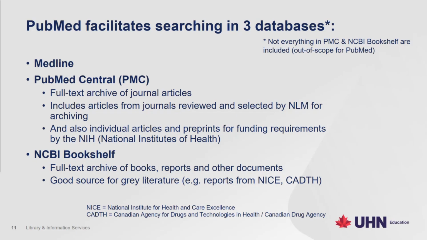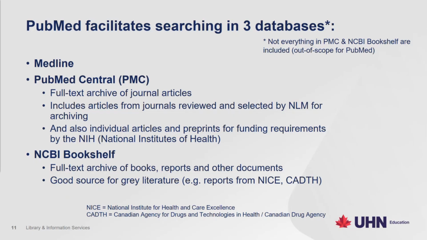PubMed Central is a full-text archive of journal articles and is generally a bit more inclusive compared to PubMed. That's because it can include articles that would be in PubMed, so these are articles that are selected by NLM, but also individual articles and preprints in order to fulfill funding requirements. So it often acts like an open access repository that journals use for NIH-funded research.